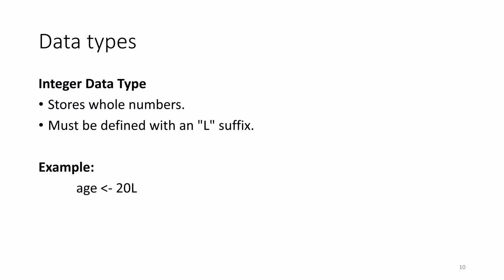The integer data type is used to store whole numbers. In R, an integer must be written with a capital L at the end. For example, age = 20L stores the value 20 as an integer.